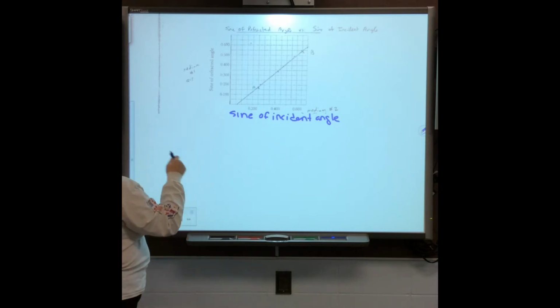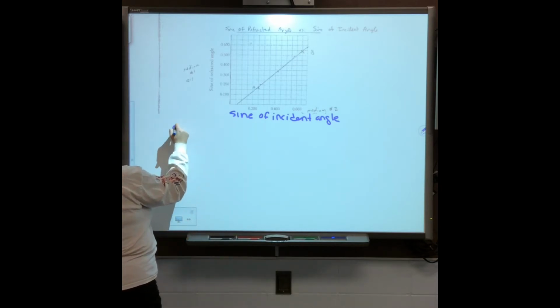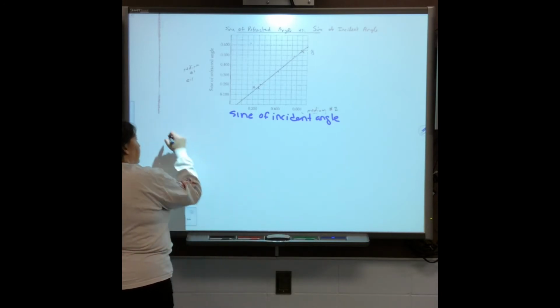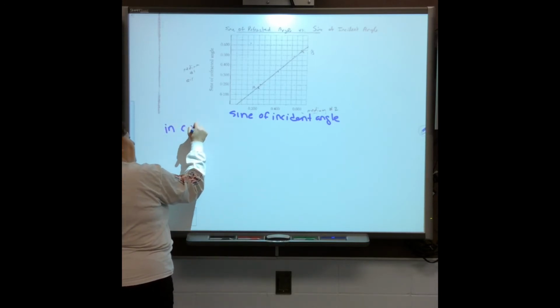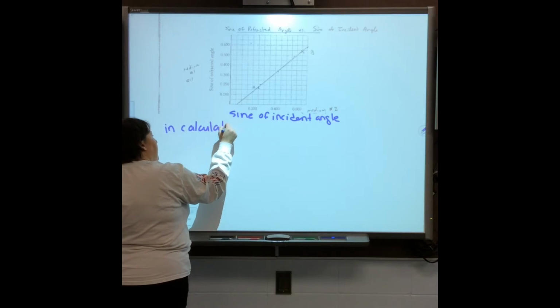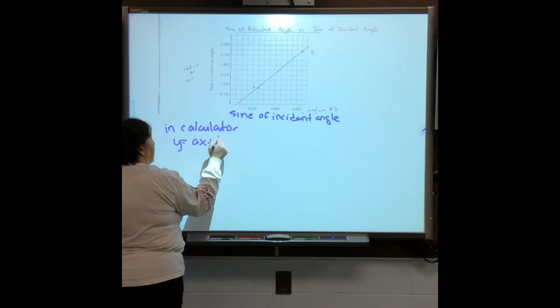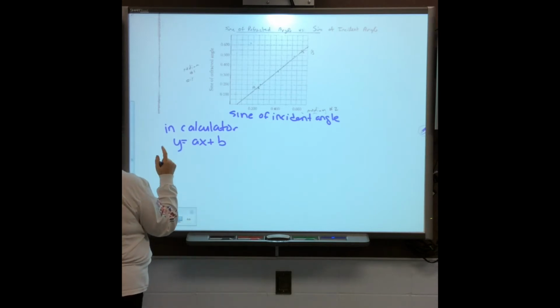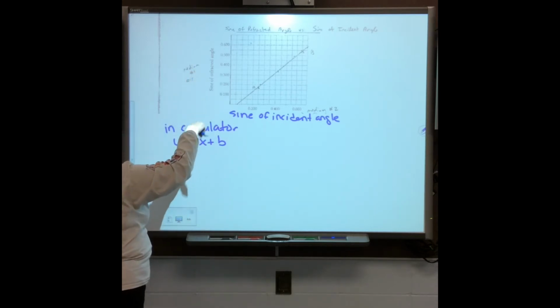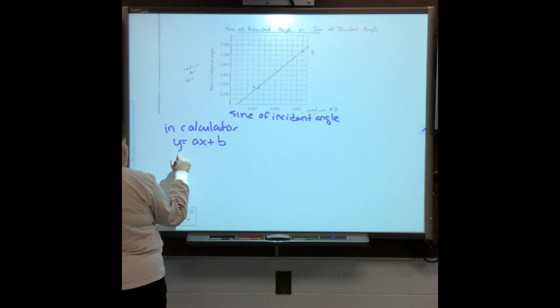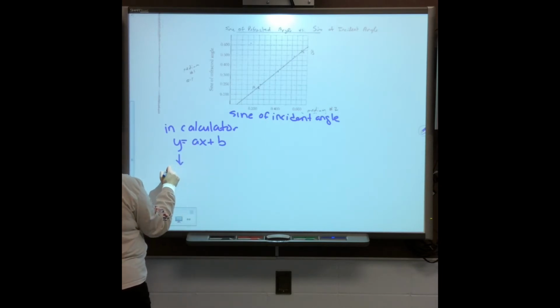So you're going to take the data from the above chart, and you're going to enter it into your calculator. And you're going to solve for y equals ax plus b. So y is your refracted angle, x is your incident angle, and a is going to be your slope.